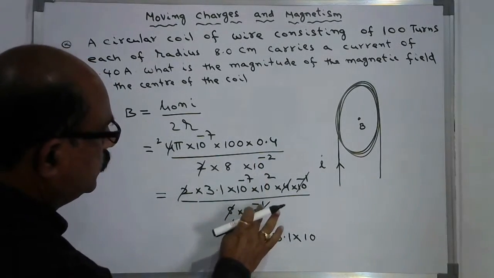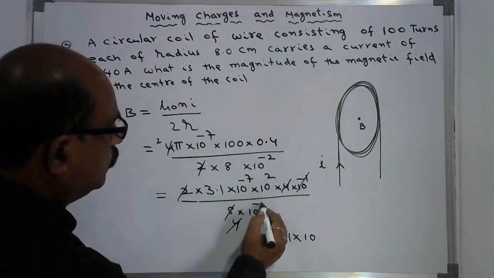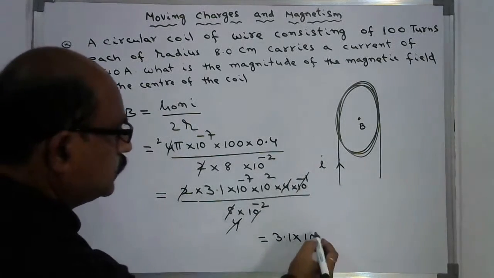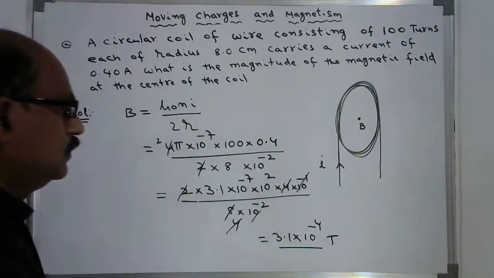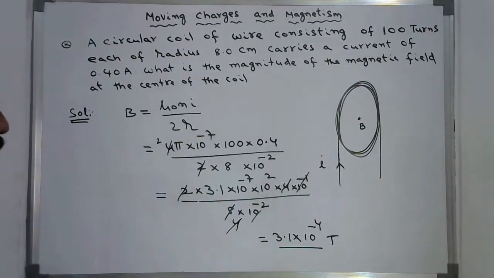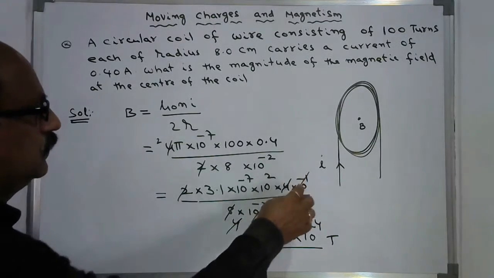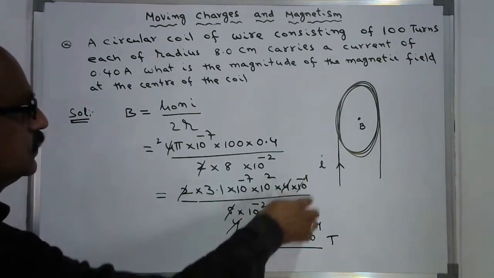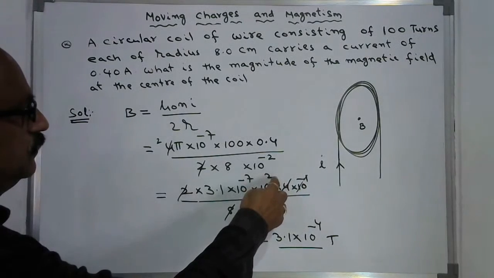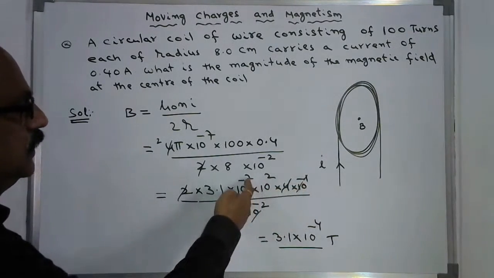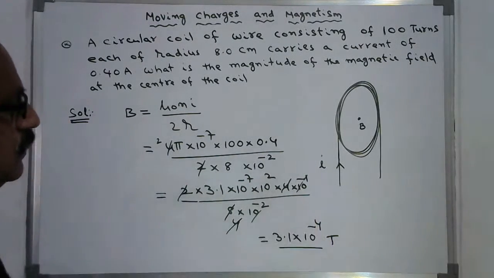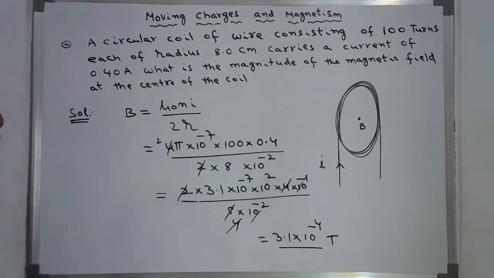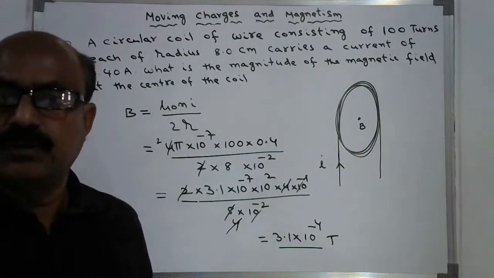So you will be getting 10 power of minus 2, and finally you will be getting 3.1 into 10 power of minus 4 Tesla. So this is the final answer. When it goes up, 10 square, 10 power 4, 10 power minus 3, and minus 7. So you will be getting 10 power of minus 4. This is how we can solve the problem.